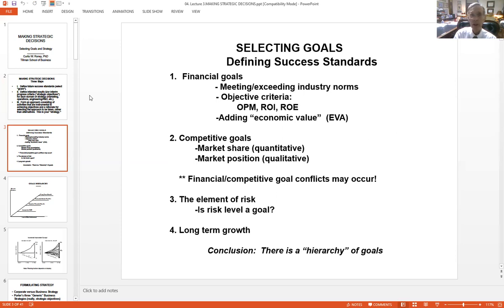Another more advanced or more sophisticated approach to defining goals is to develop measures of economic value added by strategy.